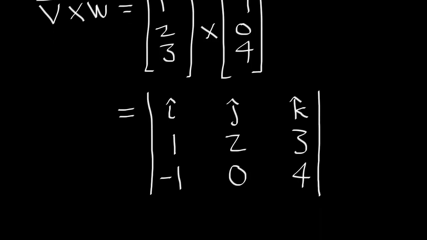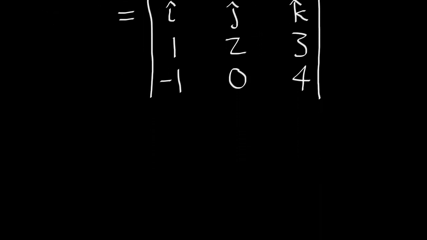And it's not hard, you just kind of have to remember how to do it. And the way you do it is you say plus i here, we're going to have a minus j, and we're going to have a plus k. And these are our components, and this is very important that you memorize this order. It's plus i, minus j, plus k every time you do this.